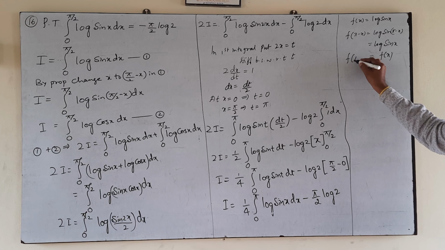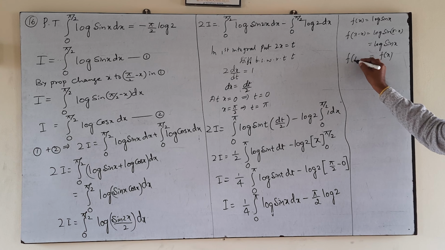This is nothing but the given data I. This is converted to the standard form: 0 to pi by 2 of log sin x dx, whose value is denoted by I, minus pi by 2 log 2, correct? Log sin 2x divided by 2, it is correct, isn't it?